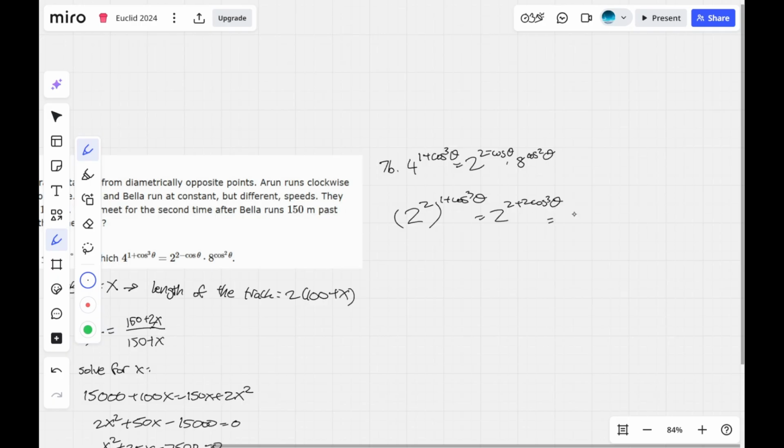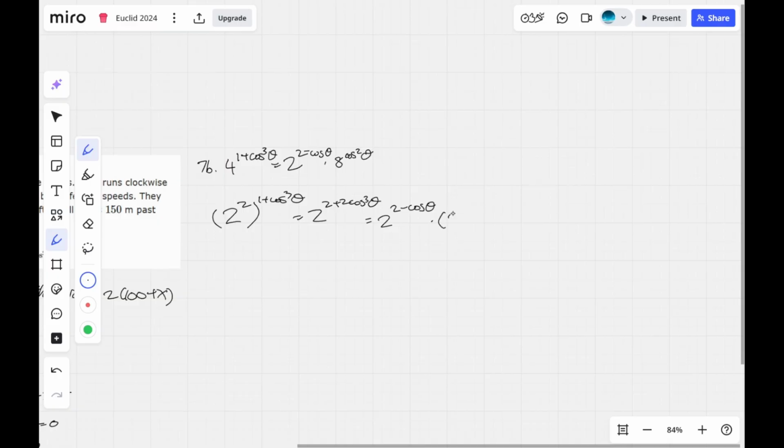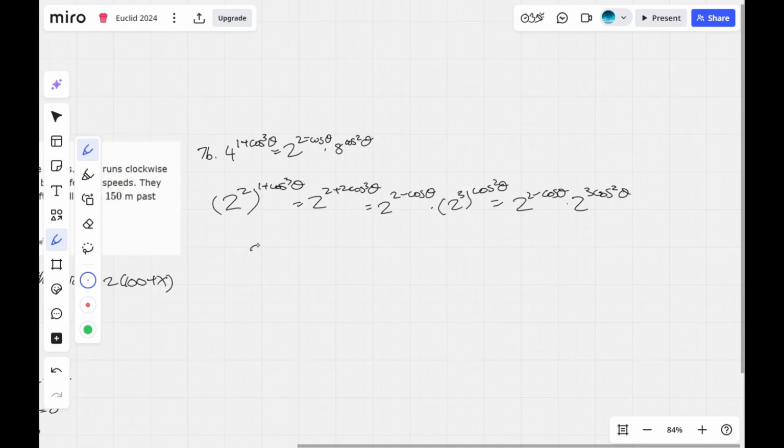And this is equal to the right-hand side, which is 2 to the power of 2 minus cosine theta times 8, which is equal to 2 cubed, so 2 cubed to the power of cosine squared theta, and this is equal to 2 to the 2 minus cosine theta times 2 to the 3 cosine squared theta. So now we can write this out as 2 to the 2 plus 2 cos cubed theta is equal to 2 to the 2 minus cosine theta times 2 to the 3 cosine squared theta.